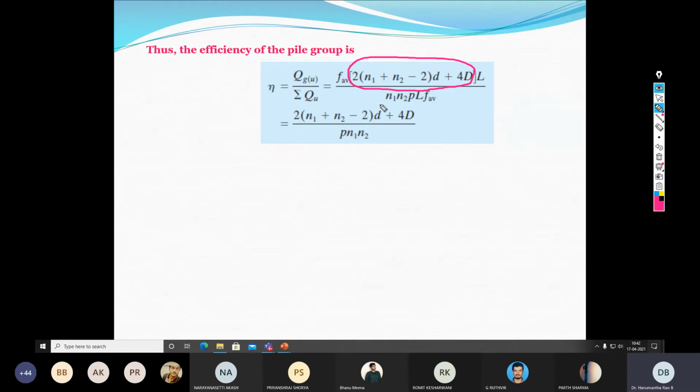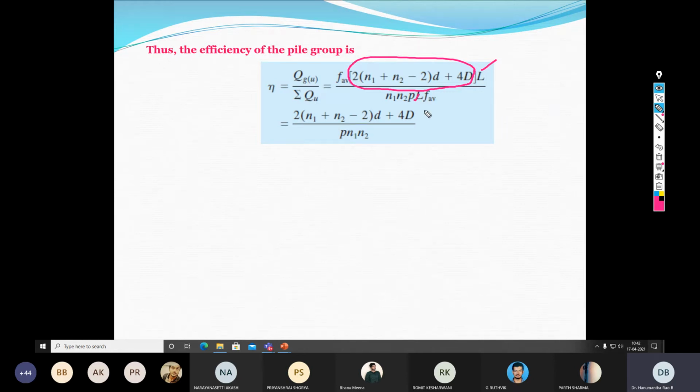Here N1 is the number of piles in the length direction, N2 the number of piles in the width direction, P is the perimeter of the individual pile, L is the length of the pile, and F average is the unit skin friction. The length of the pile remains the same whether it is a pile group or an individual pile, because the pile group is the summation of individual piles.